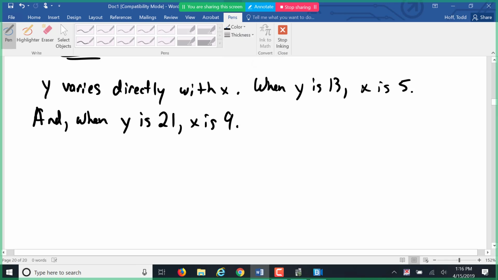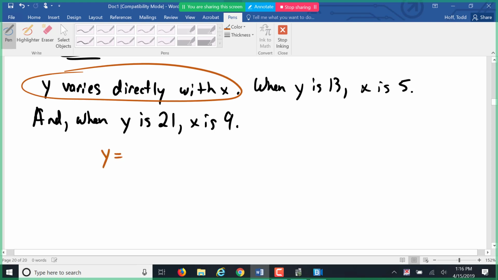So what this is telling us is y varies directly with x. It tells us y equals a constant times x, but there might be plus some sort of a y-intercept. We don't know. We don't know that it has that origin point or that 0, 0 point.